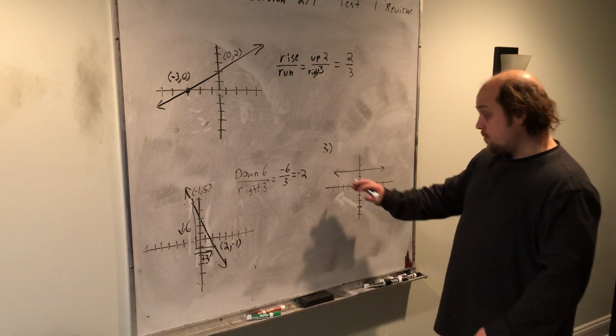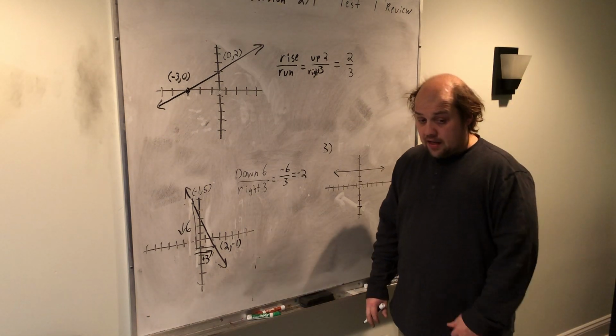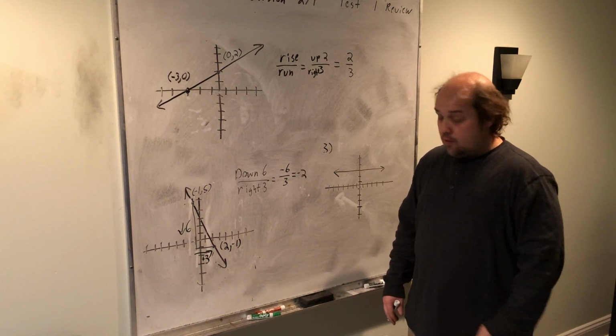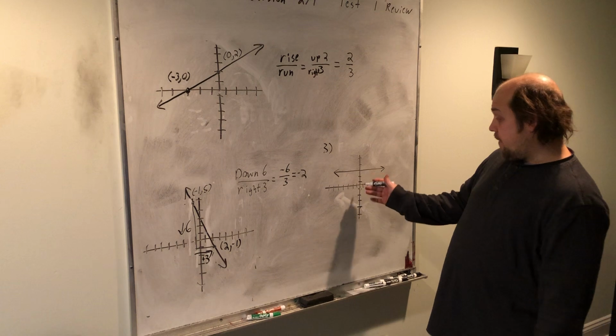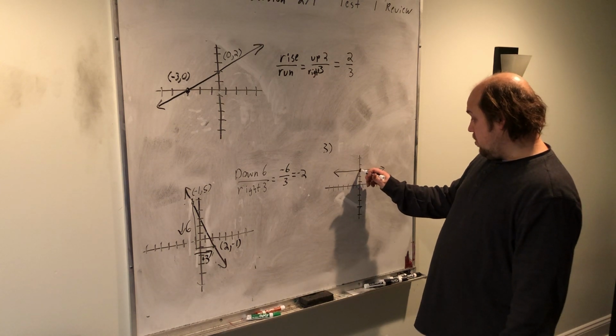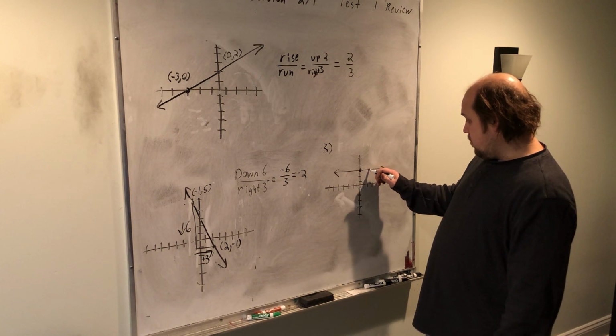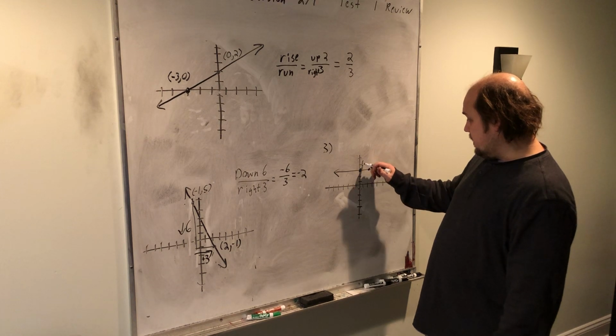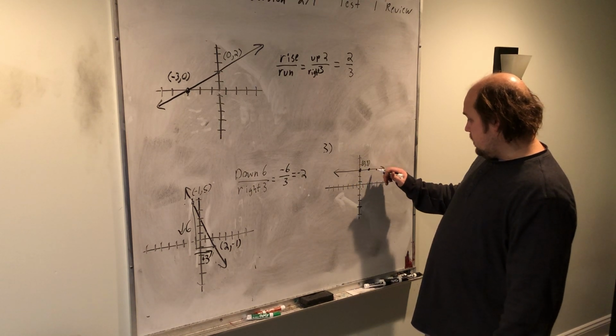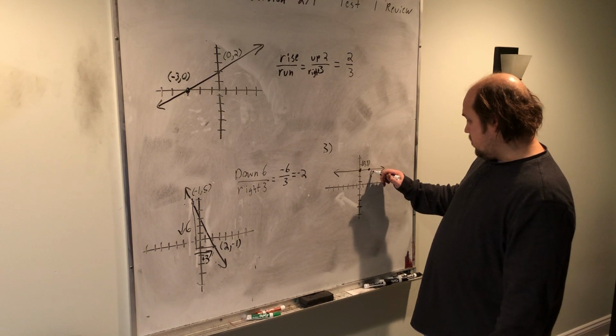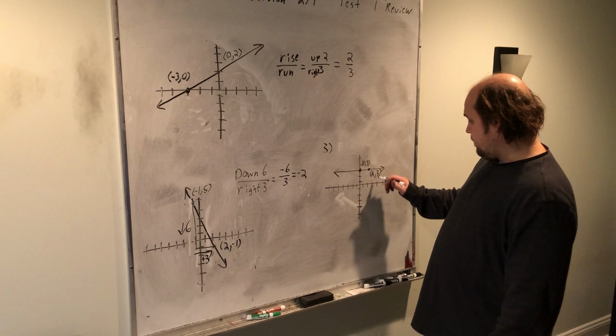If I do it for the last one, I intentionally did this as a horizontal line. A horizontal line doesn't go up or down at all. So if I pick 2 random points, I could say here and here. This first one is 0, 3. The second one is 2, 3.